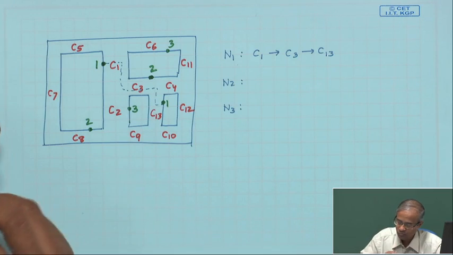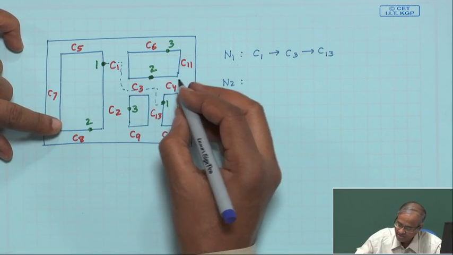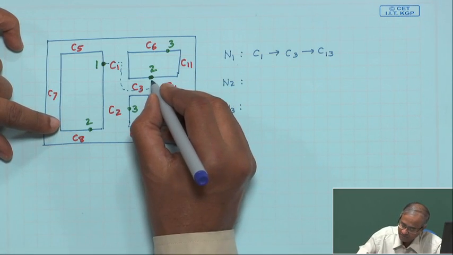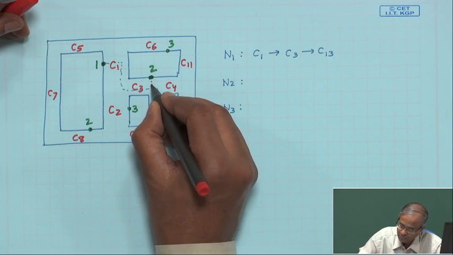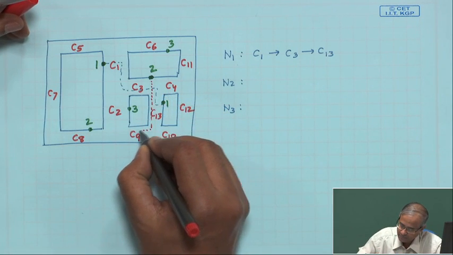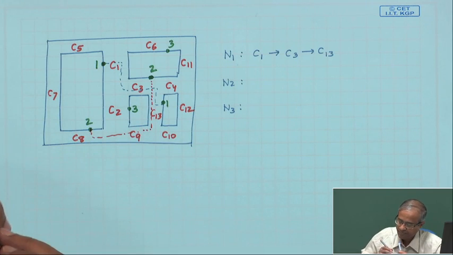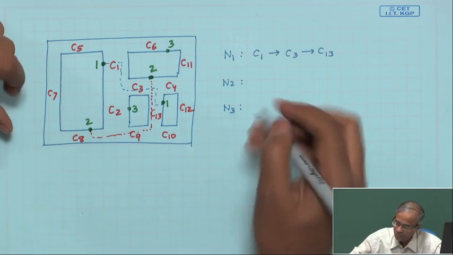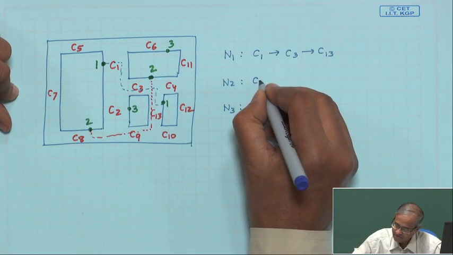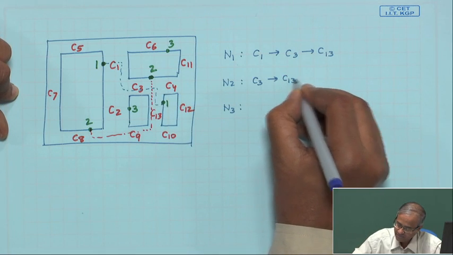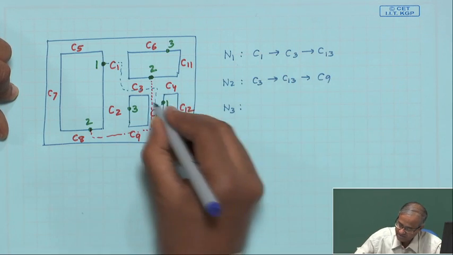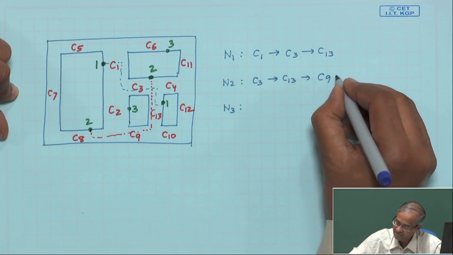For N2, 2 and 2, let us say we follow this path, in a different color. N2 will follow first C3, then C13, then C9, then C8.